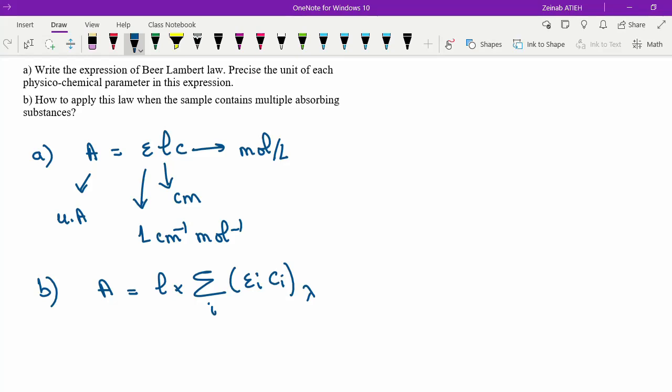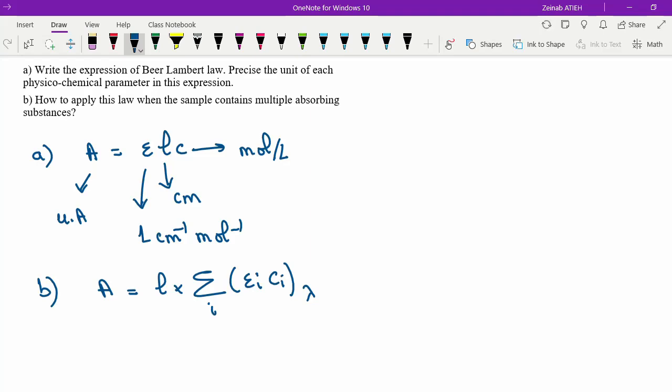So i is the summation over different absorbing substances or different absorbing molecules. If we have 2 types of molecules, 3, 4, etc., we do a summation. Epsilon i is the molar absorption coefficient for a certain substance, and Ci is its concentration.